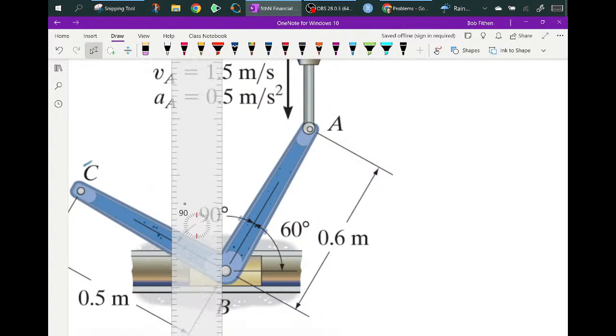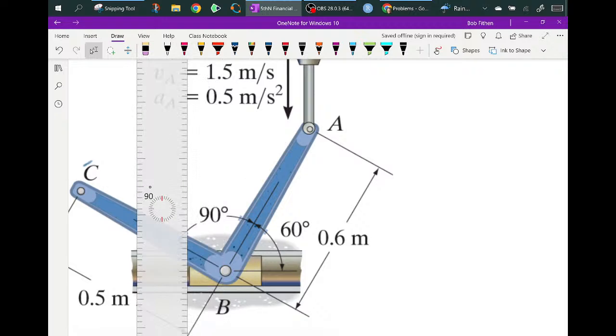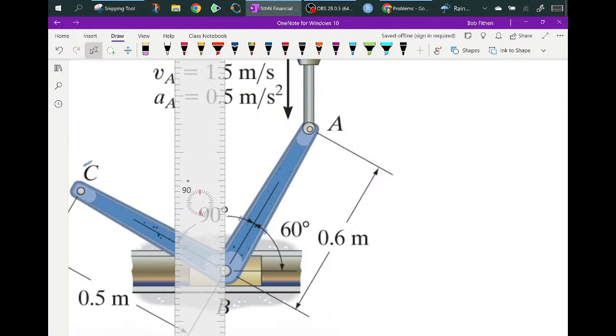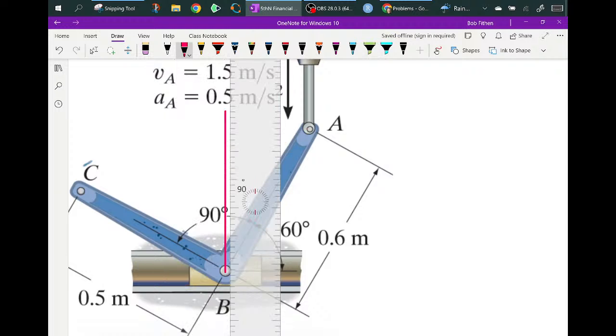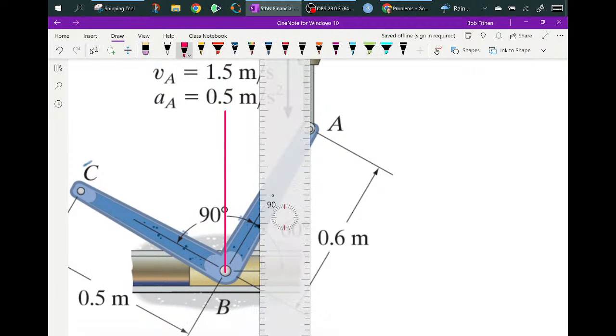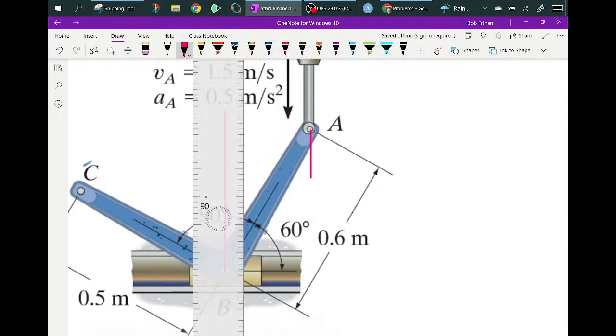Okay. And just so it's easier to see things, there we go. Now, we know the velocity here goes down.